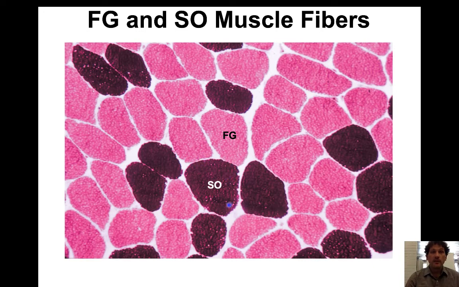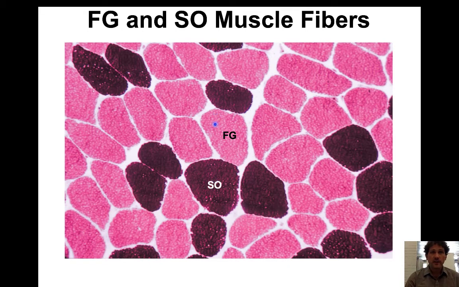They're adapted for aerobic respiration and that fatigue resistance, right? Their relatively long twitches last about 100 milliseconds. So if you think back to our previous lecture, you can think about these being in places like the postural muscles of our back or in our soleus, okay, that's going to help us stand up for long periods of time.